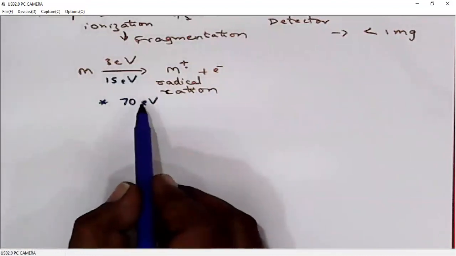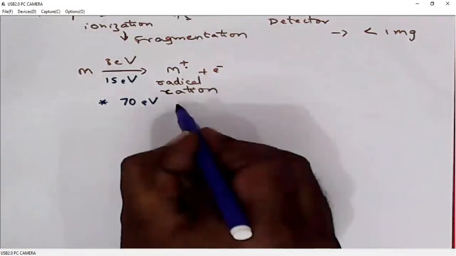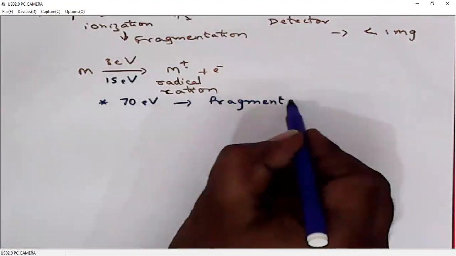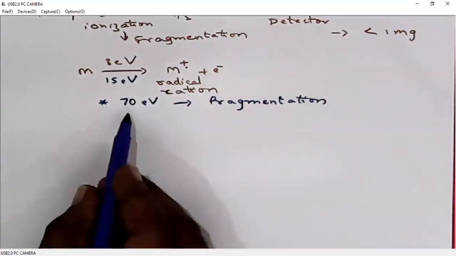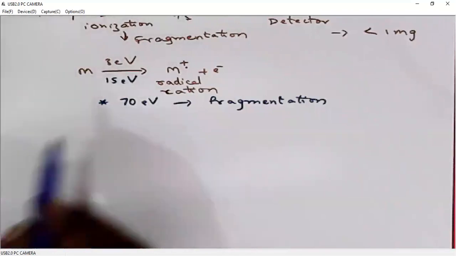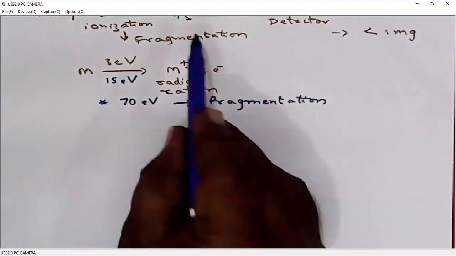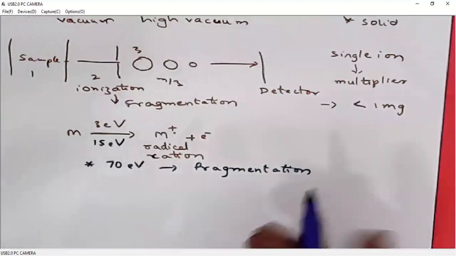So it obviously ionizes the molecule, and at the same time it leads to fragmentation. The generated ion will further undergo fragmentation because of the availability of very high energy. Now, in the analyzer, what will happen?